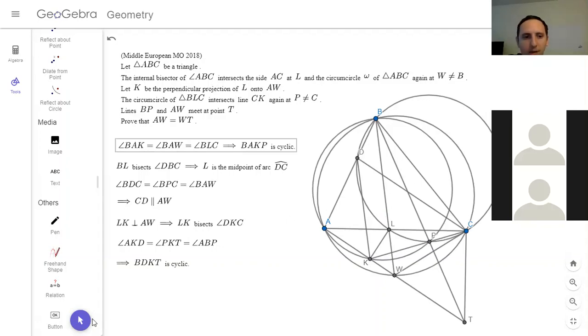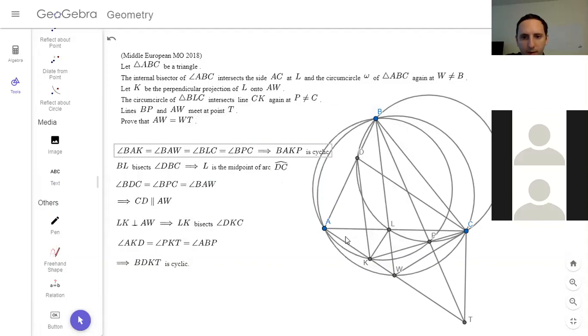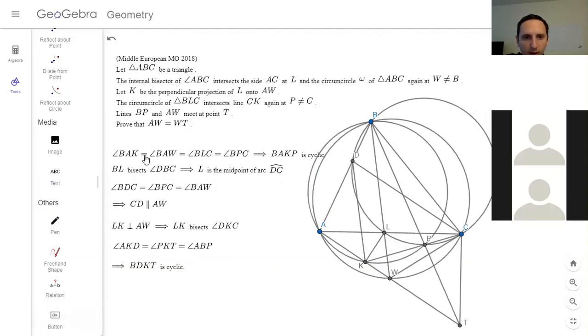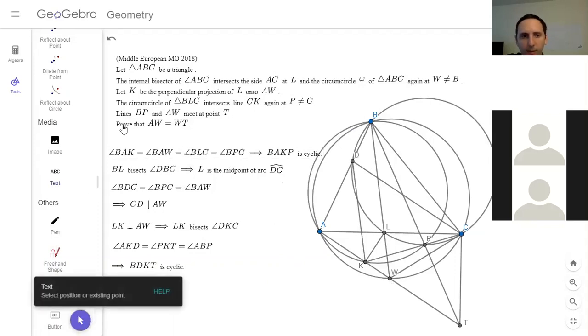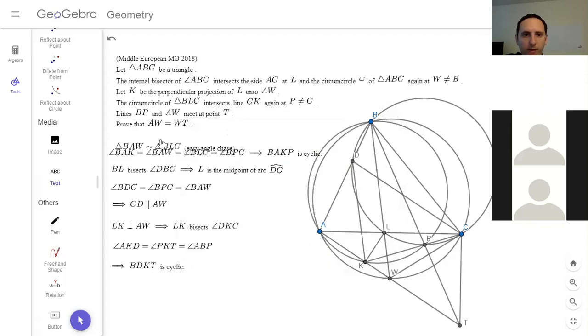BLC equals BPC. You must write that too. Oh yeah, equals angle BPC. And even before this, we use the fact that BAW is similar to BLC by using an angle chase. That's very easy to see.